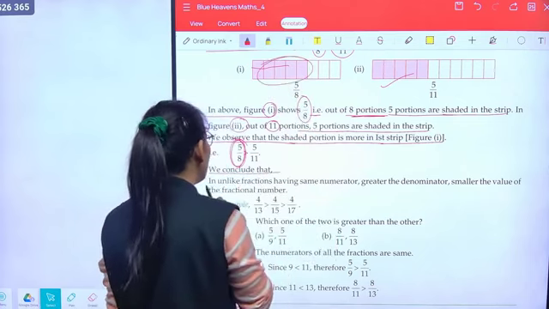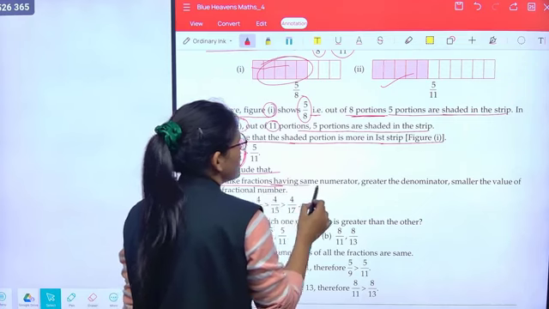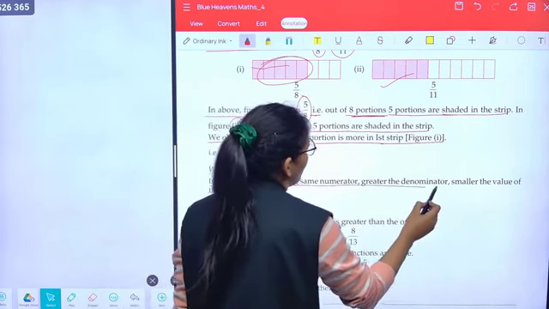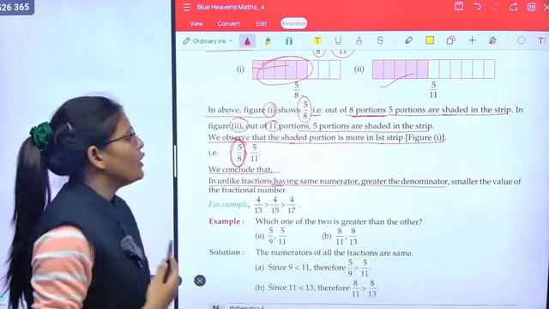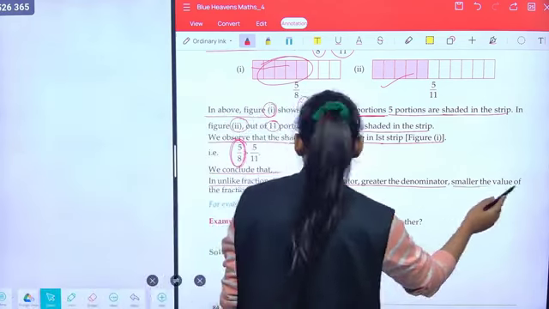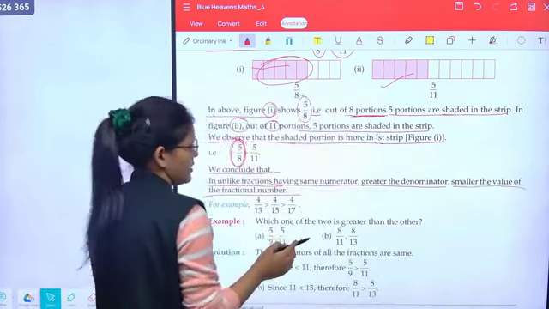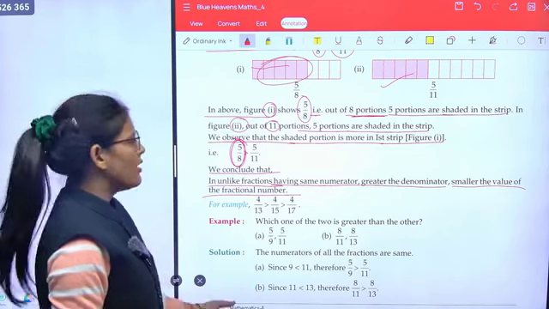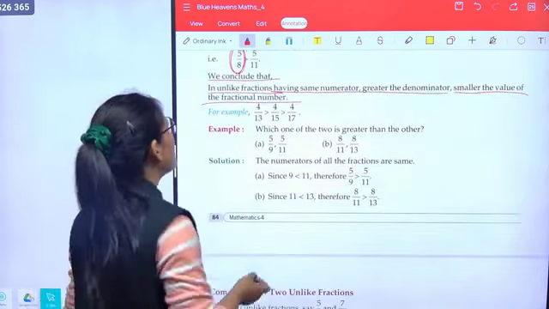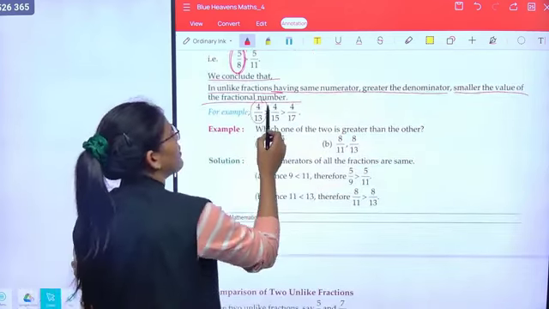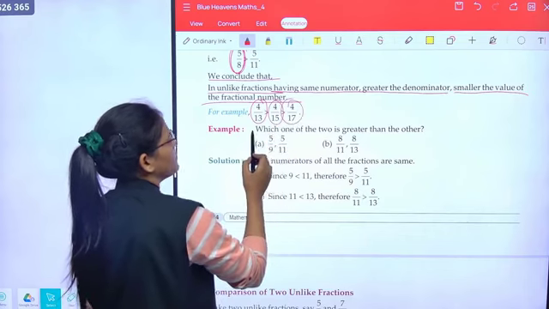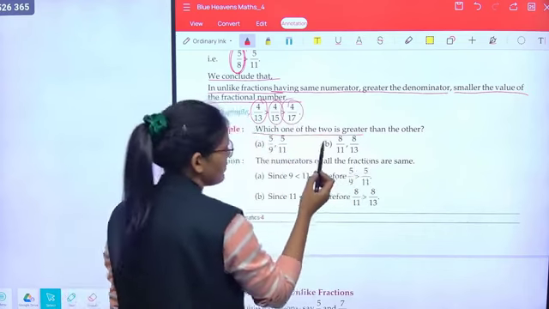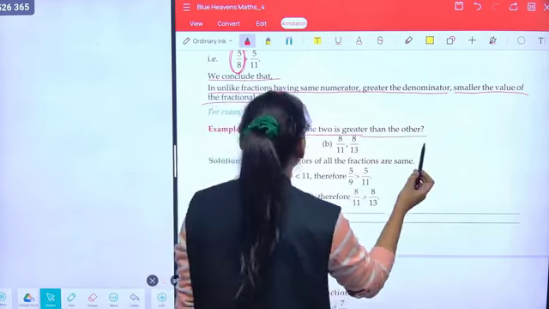We conclude that in unlike fractions having the same numerator, greater the denominator, smaller the value of the fractional number. Now 4 upon 13, 4 upon 15, 4 upon 17. Which one of the two is greater than the other?